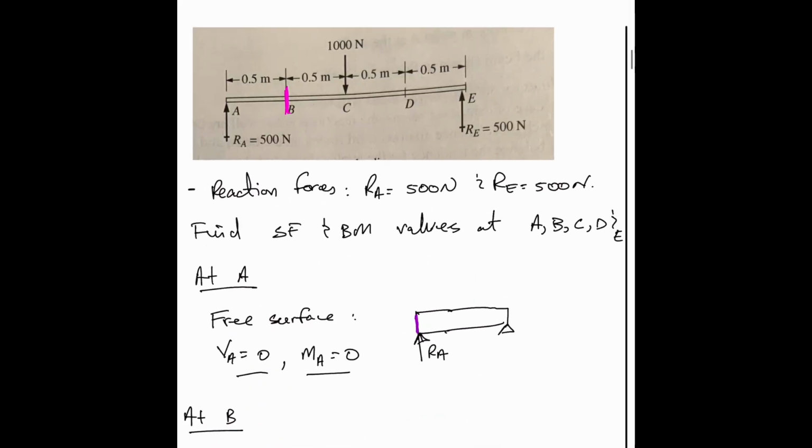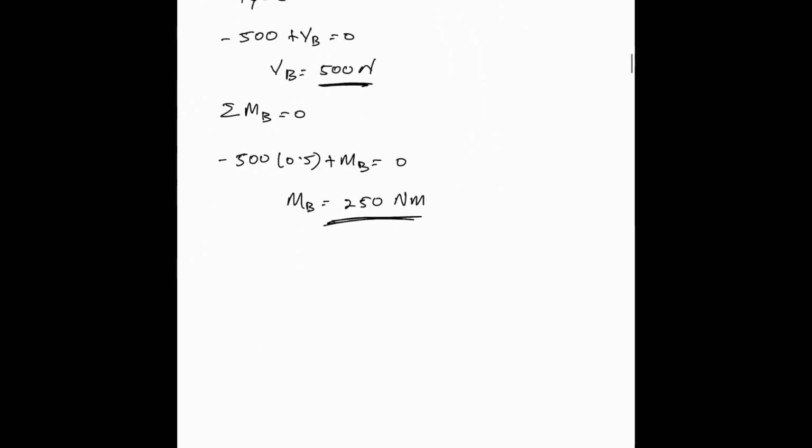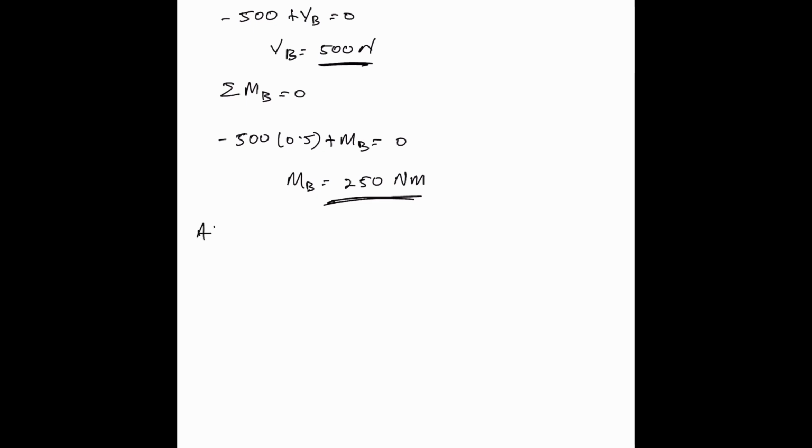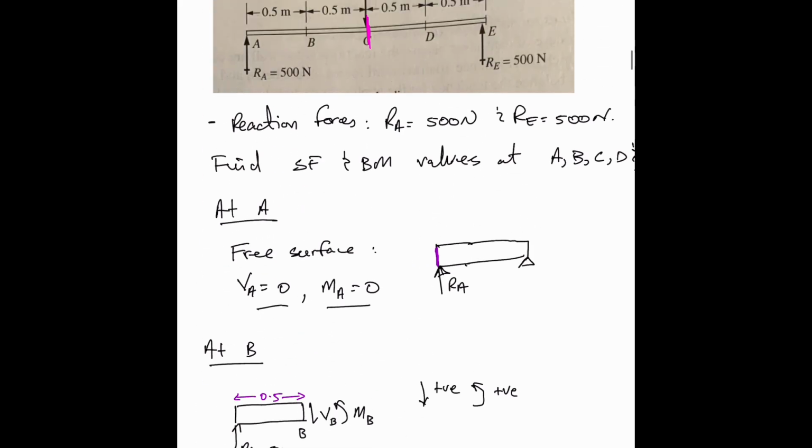Next up, we go to C. Now you notice C has a force acting on it. Remember this was B here. Now at C, we have the 500 newton force, and our distance is 0.5, 0.5 according to the diagram.